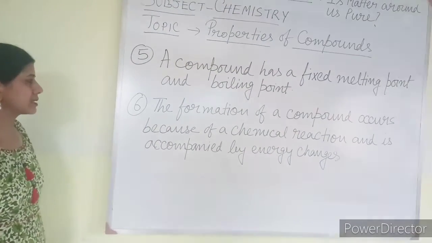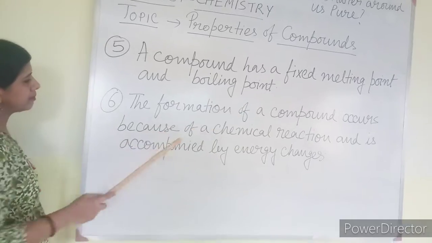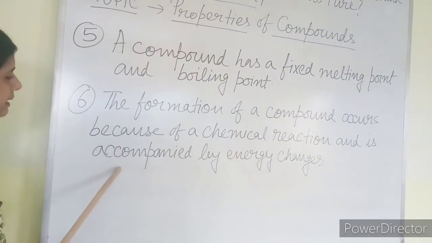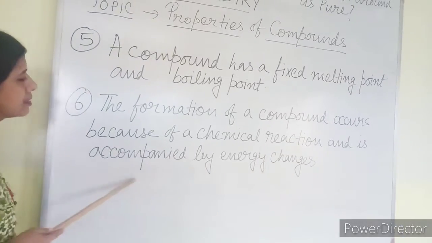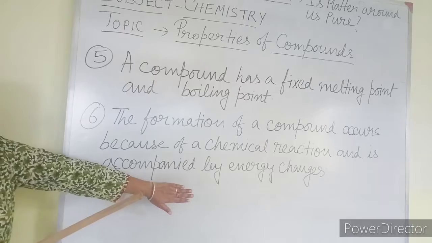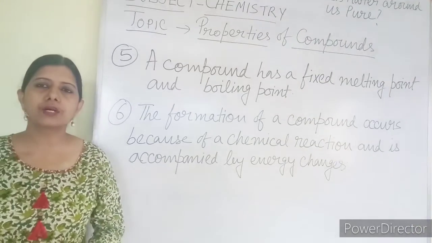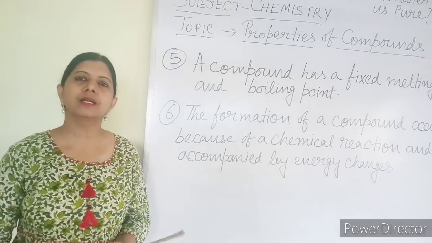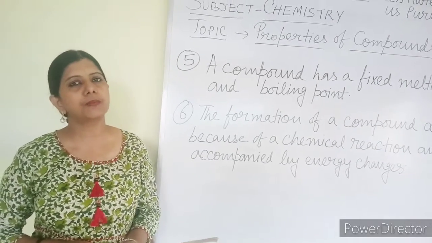Now number 6. The formation of a compound occurs because of a chemical reaction and is accompanied by energy changes. I already told you that a compound is formed when elements combine chemically. Without a chemical reaction, a compound cannot be formed.